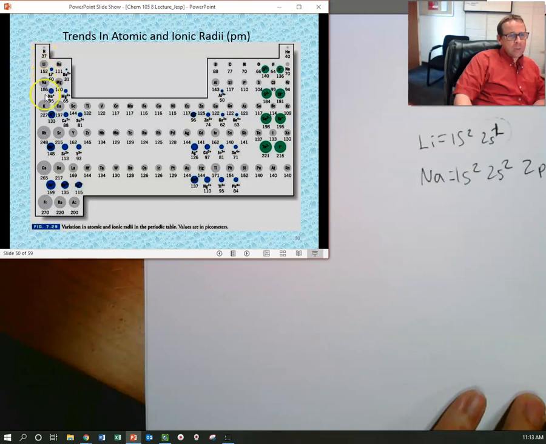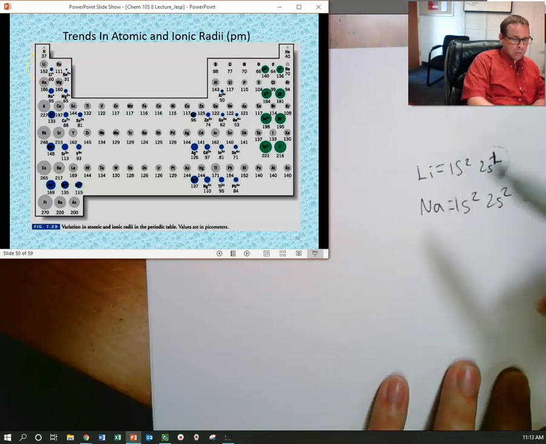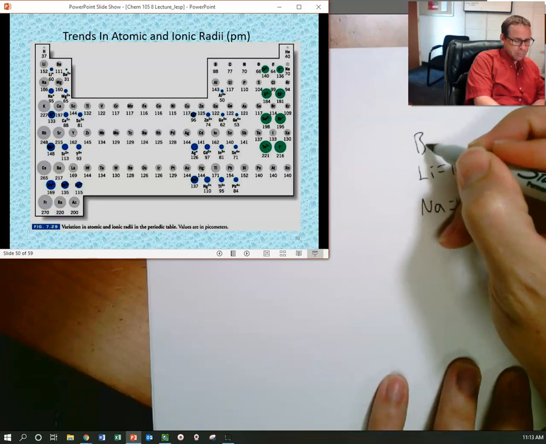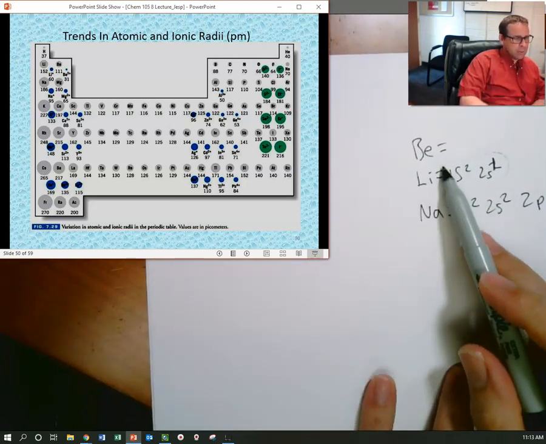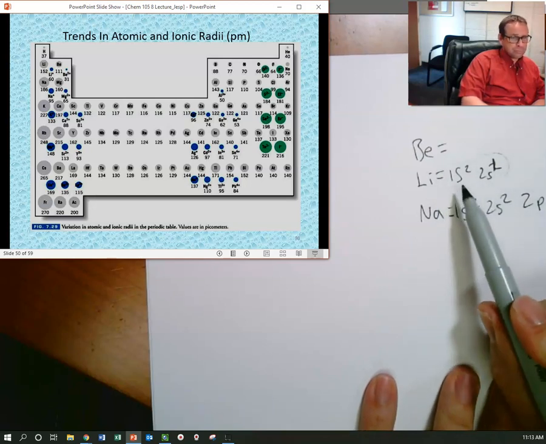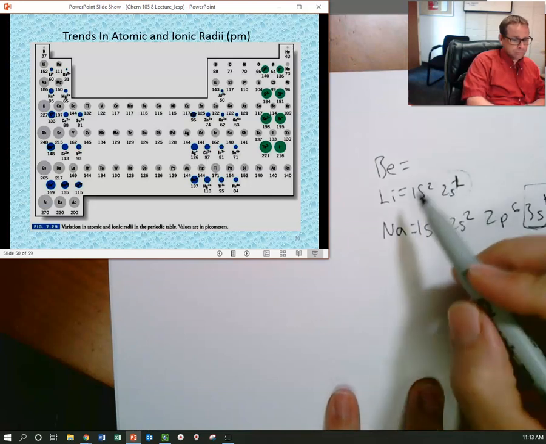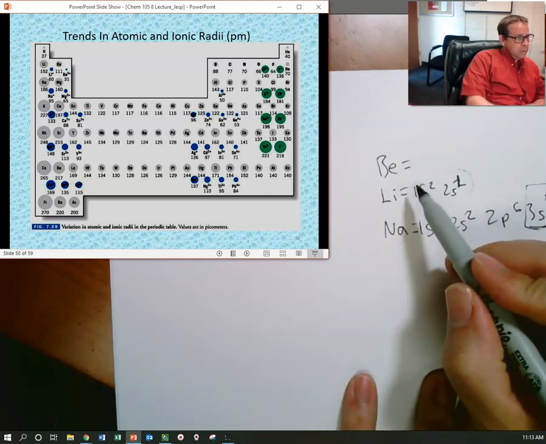So coming down the periodic table, the atoms get larger. However, moving left to right, lithium, electron configuration 1s2, 2s1, compared to beryllium, electron configuration... Anastasia, what's the electron configuration for beryllium? What do you think, Anastasia?